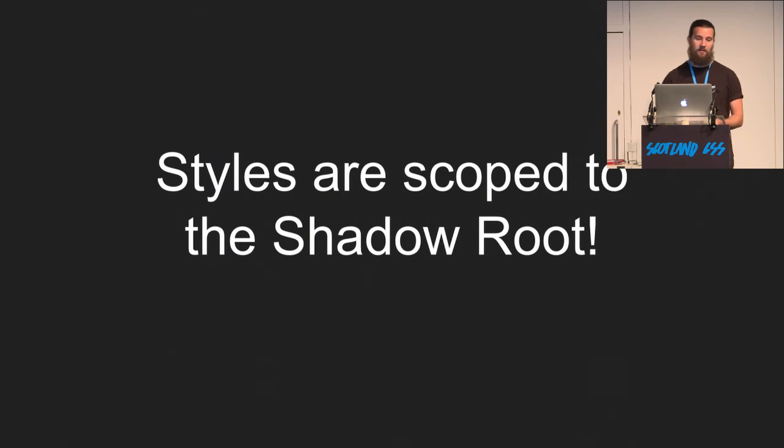And this is probably the most important thing to take away, that styles are scoped to the shadow root by default. This is a really awesome feature, and I really urge you to take this away with you. When you're writing large CSS architectures, having this concept of scope available to you and being able to encapsulate your styles inside a component can be an absolute lifesaver.